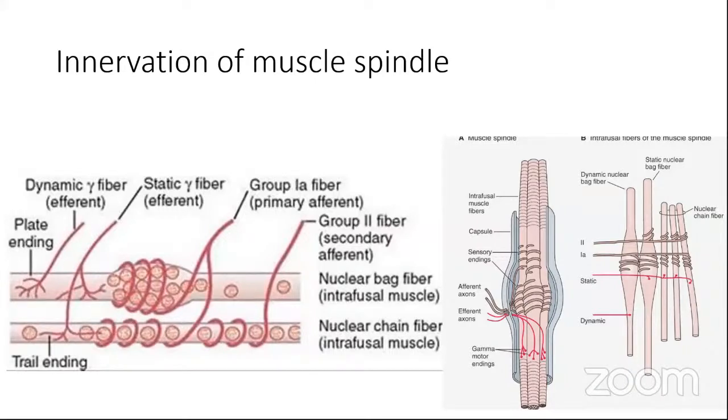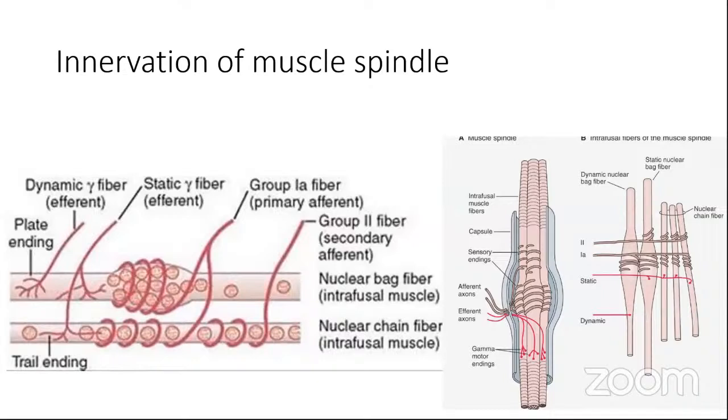So that is about the static gamma efferents. Now dynamic gamma efferent fibers have their plate endings on the contractile ends of the nuclear bag fiber.